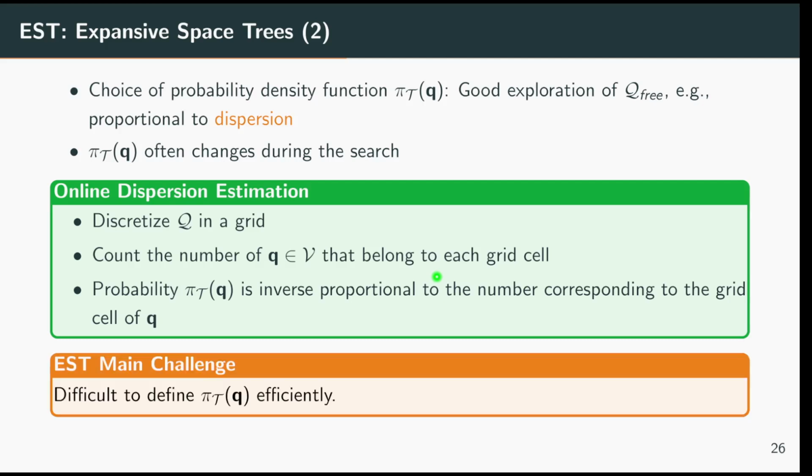And so the main challenge is, of course, to define it efficiently. In OMPL, you have these projection operators. So even if you have a high-dimensional dynamic system, you would maybe only take the geometric components where it's fairly easy to define a grid, and then do the count.